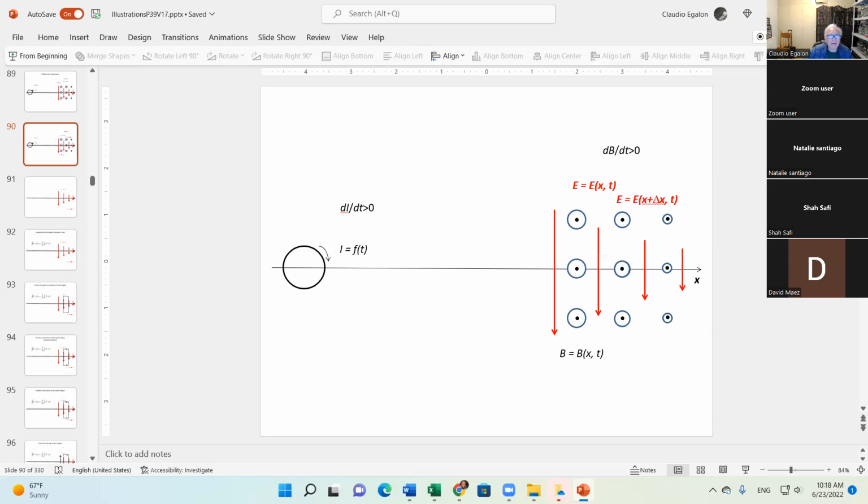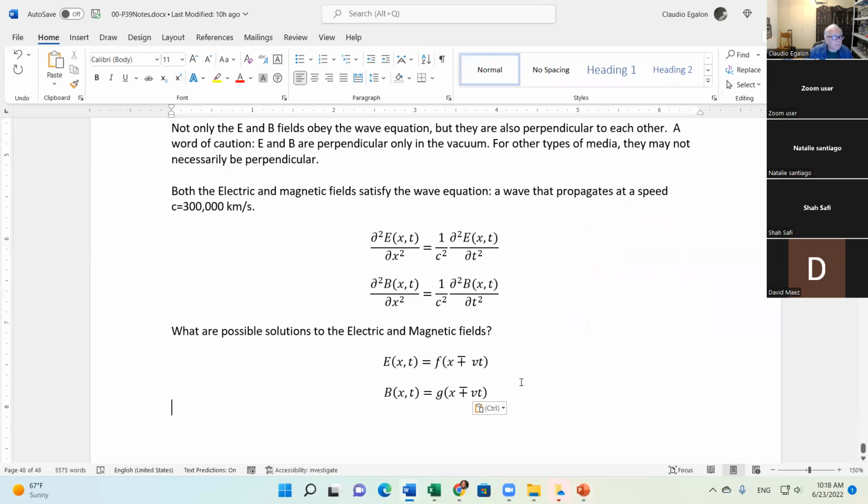Okay, so that would be the most generic solution of the electromagnetic field.